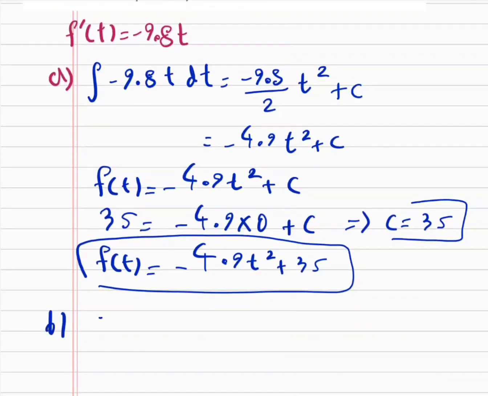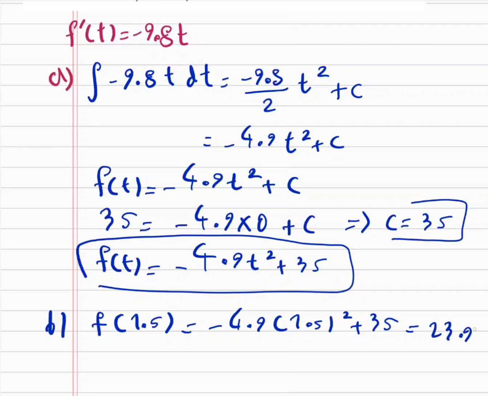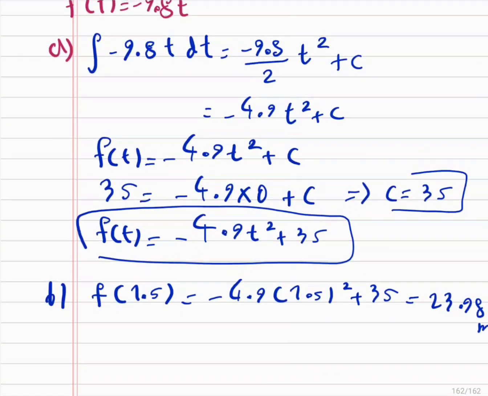So for part B, we just need to find f of 1.5 because the output of the function is the height. So we have minus 4.9 times 1.5 squared plus 35, and this is equal to 23.98 meters. So that's the height of the arrow when t is equal to 1.5.